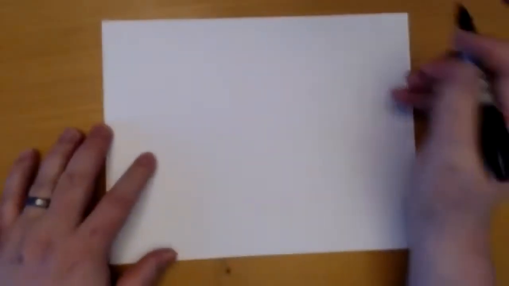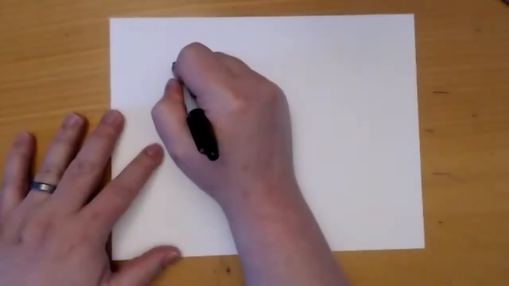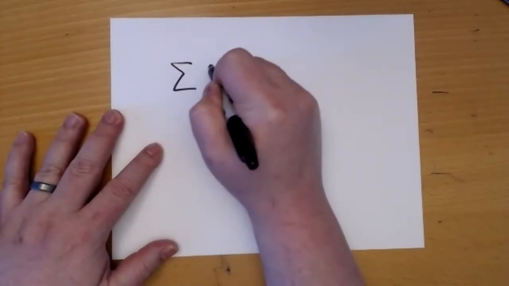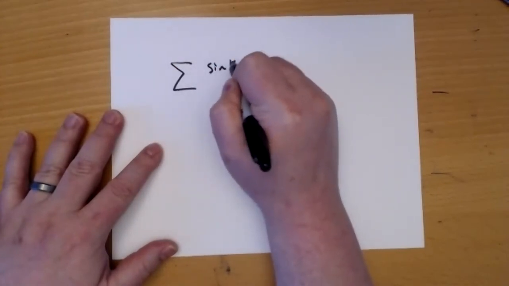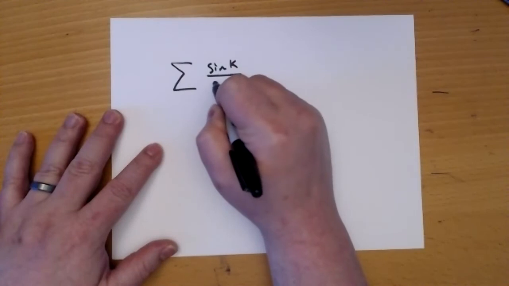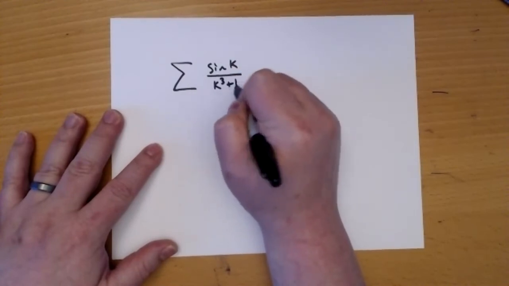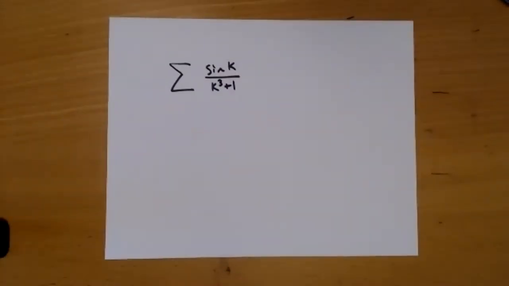Do one more. Let's look at this, since we were talking about it a little bit earlier. What happens as k moves down the road?